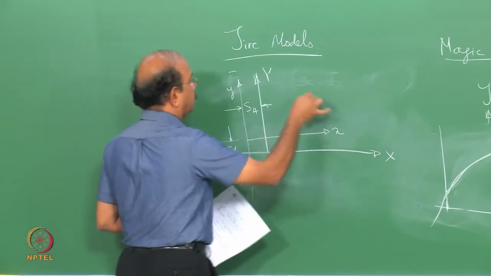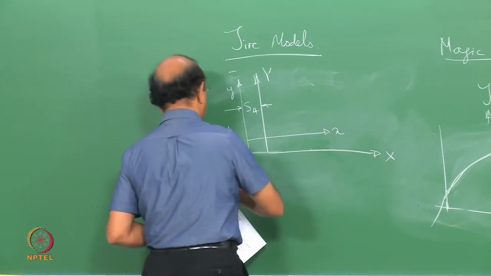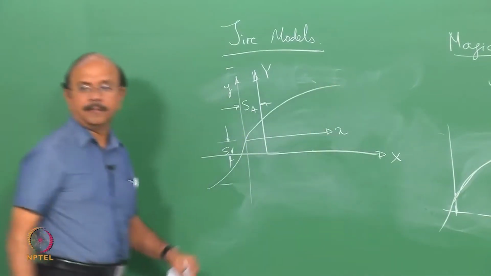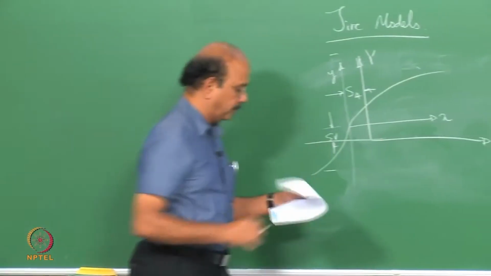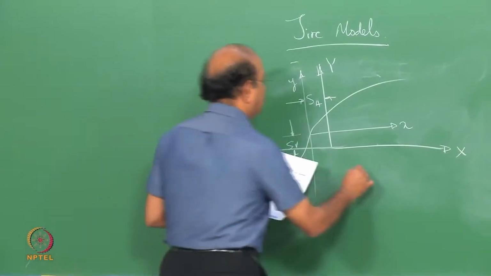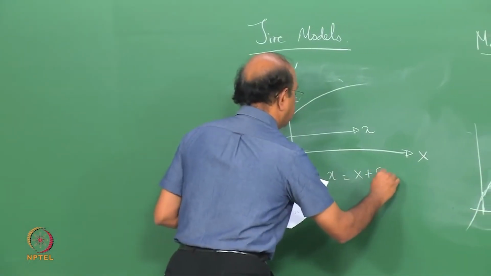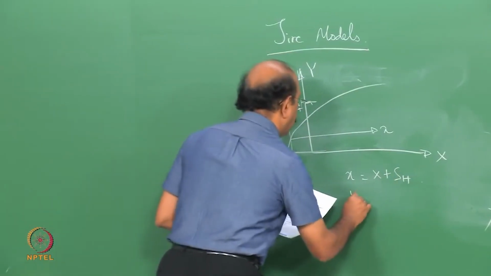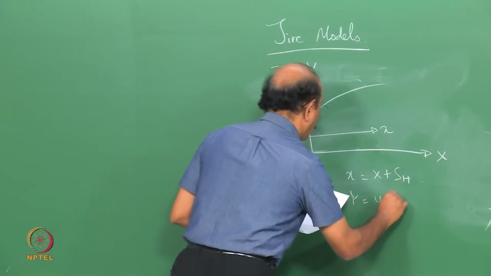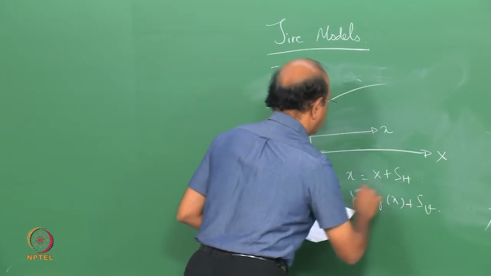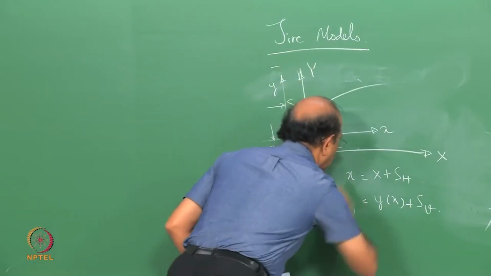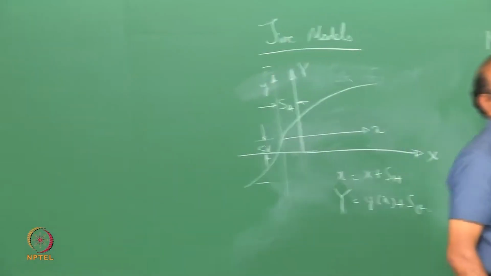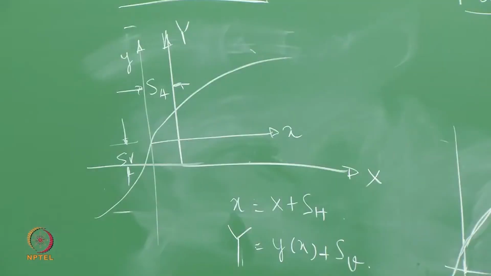Let me say that this equation is the curve, and the whole curve as well as the x-axis I am shifting, so that I would write x to be x plus SH and y to be y of x plus SV. So I have introduced two factors.